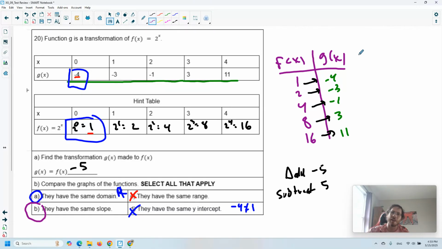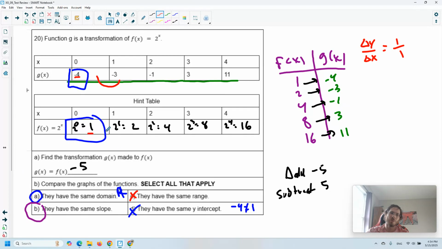If I did that, which is going to take a while to do all of them, we check delta y over delta x. Here I'm changing in x by 1, because I'm going from 0 to 1. And my change in y is also 1. Okay?